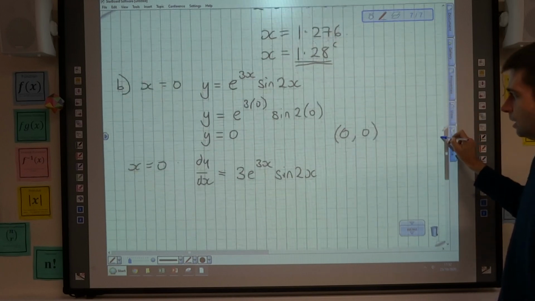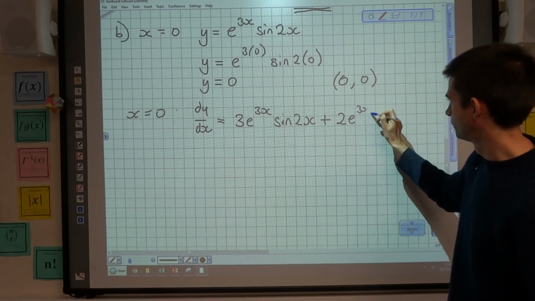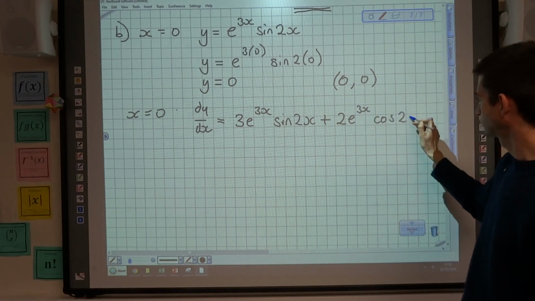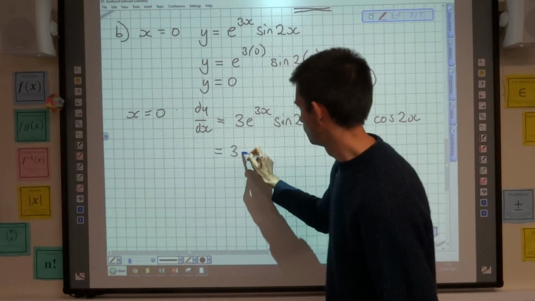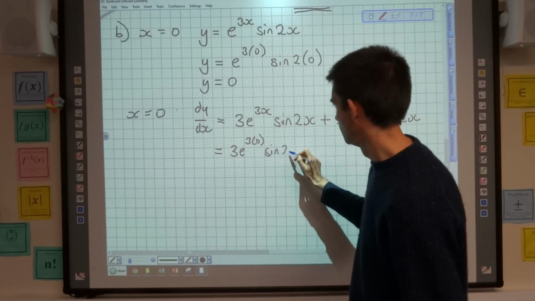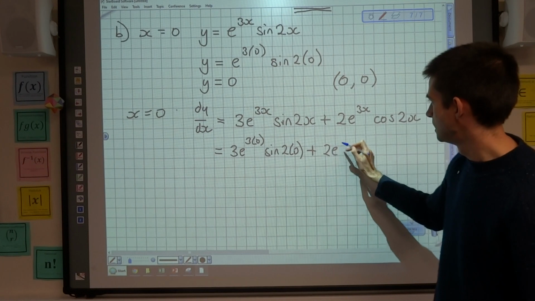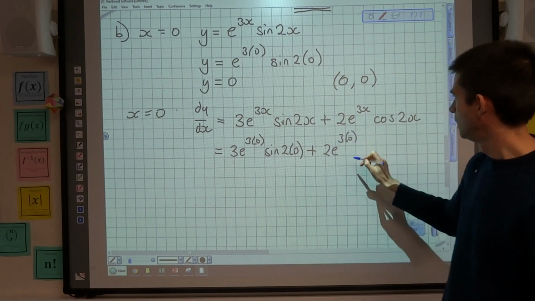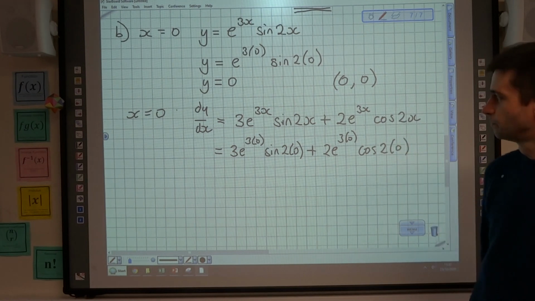Yeah. Plus 2e to the 3x cos 2x. Okay, so if x equals 0, we're going to get 3e to the 3 lots of 0 sine 2 0 plus 2e to the 3 lots of 0 cos 2 lots of 0.